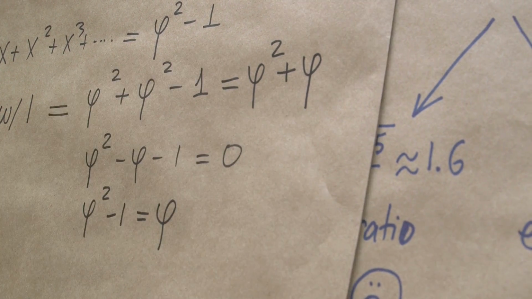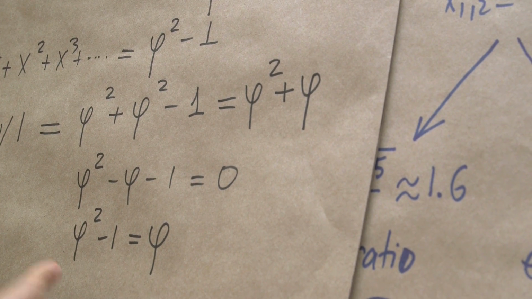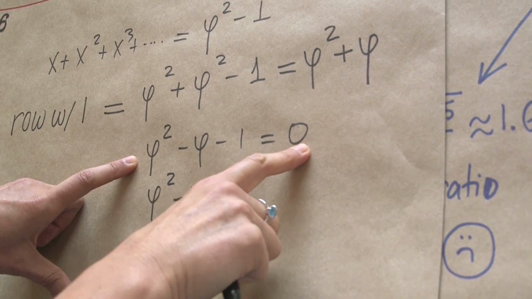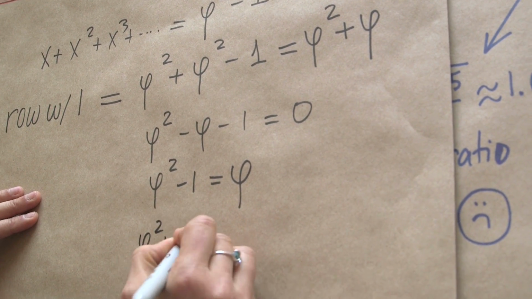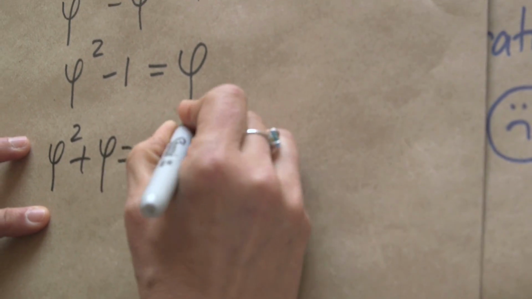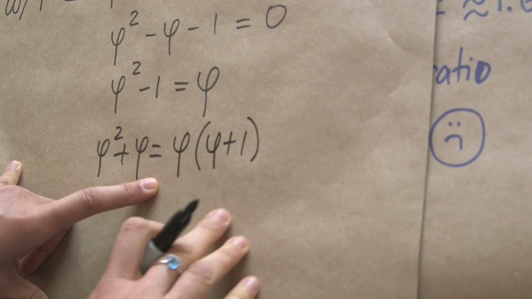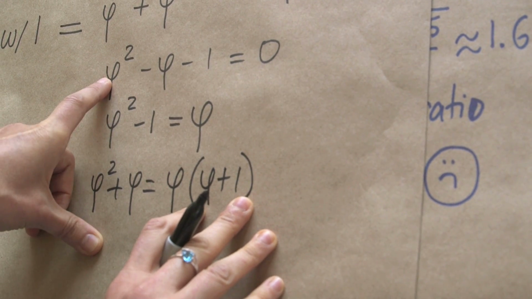Can I also do something with this? Yes, I can. It's exactly the same equation. Okay, so look at this. So phi squared plus phi, this is some algebraic gymnastics that I'm going to produce, is factor out phi plus 1. What is phi plus 1? Phi plus 1 is phi squared.